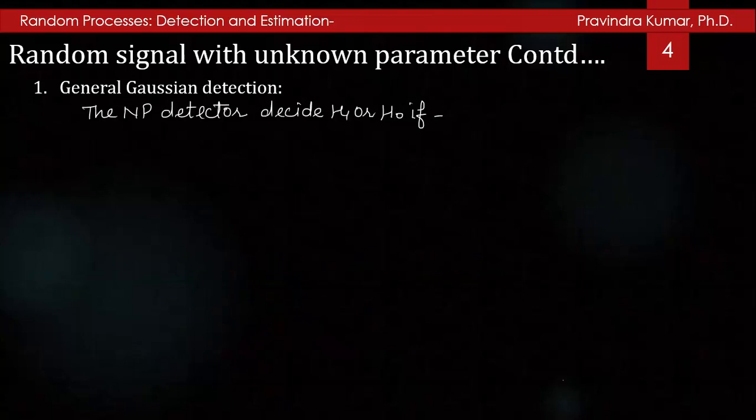The NP detector decides H1 or H0 if the likelihood ratio, the PDF under hypothesis H1 divided by the PDF under hypothesis H0, is greater or less than some threshold value gamma.